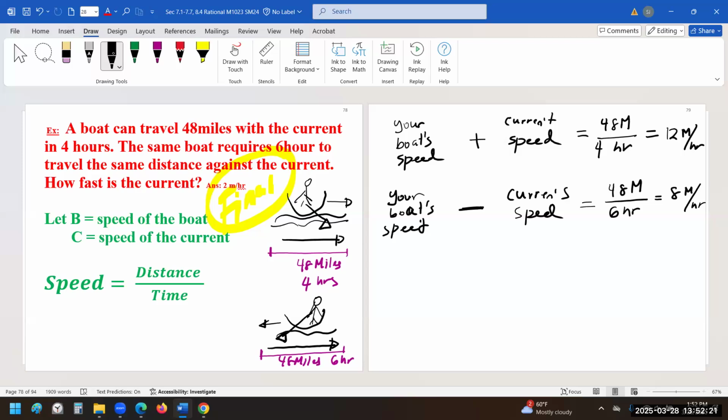So you have your two equations. The speed of the boat B plus the speed of the current C gives us 12. The speed of the boat minus the speed of the current is 8. So we have a system of two equations. How do we solve them?